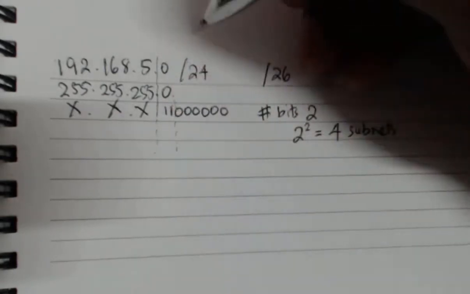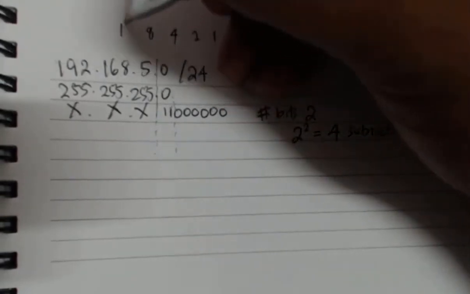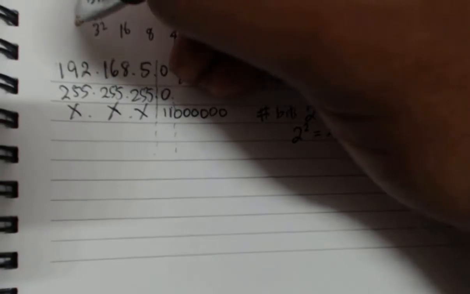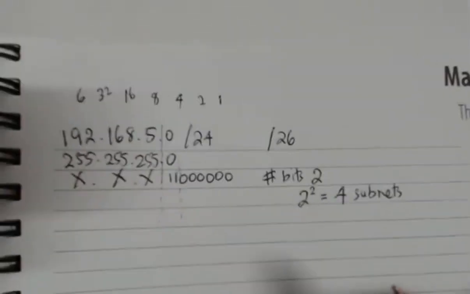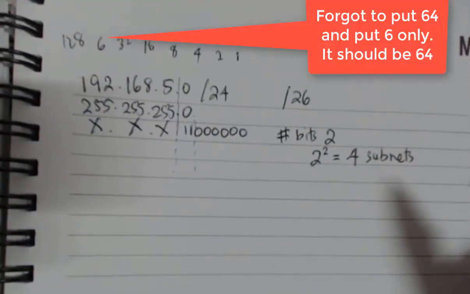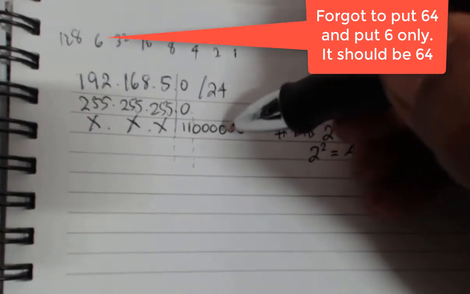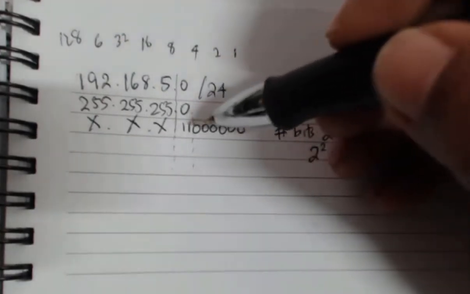You remember those place values: 1, 2, 4, 8, 16, 32, 64, and 128.